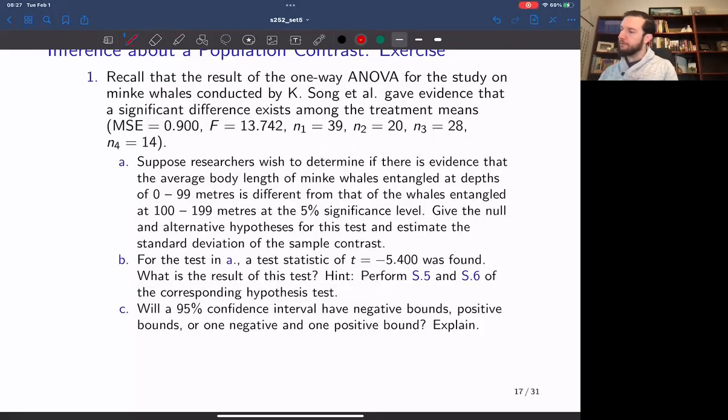Okay, first off, let's make sure we know what we're testing for. We're using the same data set that we used in lecture set 4. We're going to assume the assumptions are all intact, and we're just going to focus on working through the test.